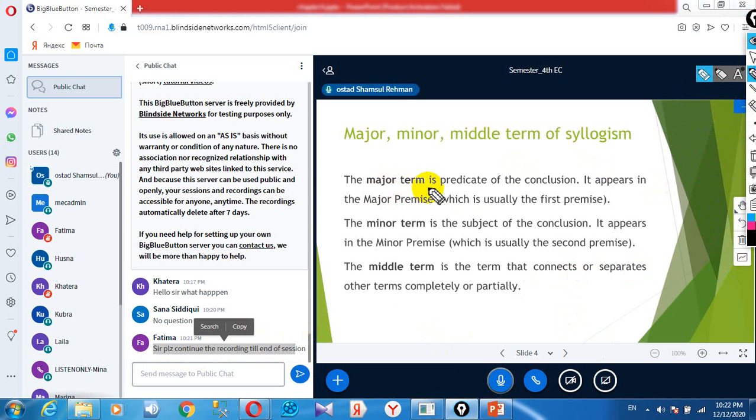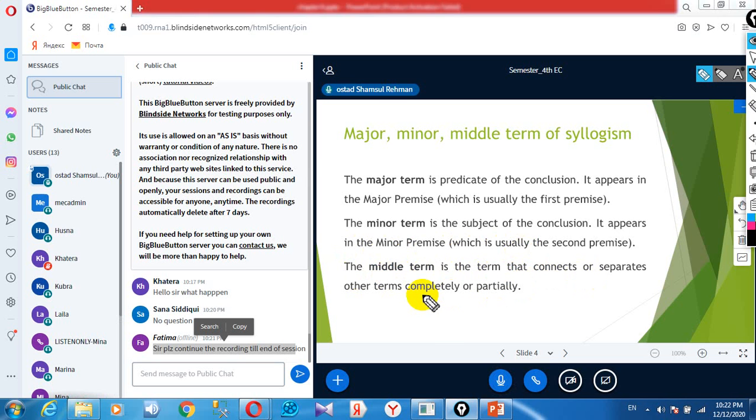The major term is the predicate of the conclusion. It appears in the major premise, which is usually the first premise. The minor term is the subject of the conclusion. It appears in the minor premise, which is usually the second premise.